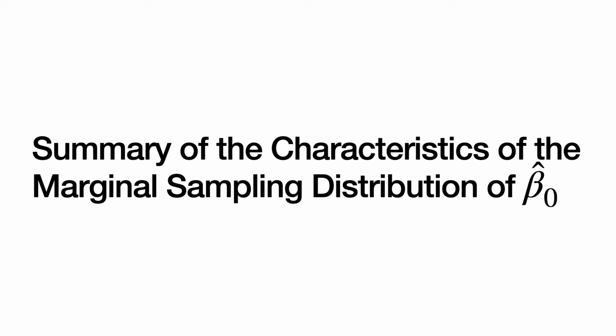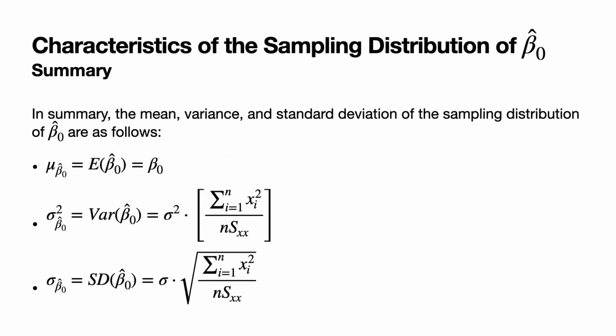So let's put all these results together and summarize them on a single slide. In summary then, the mean, variance, and standard deviation of the sampling distribution of beta 0 hat are as follows. So mu sub beta 0 hat, the mean of the sampling distribution of beta 0 hat, is equal to beta 0 itself. And so that implies that beta 0 hat is an unbiased estimator of beta 0.